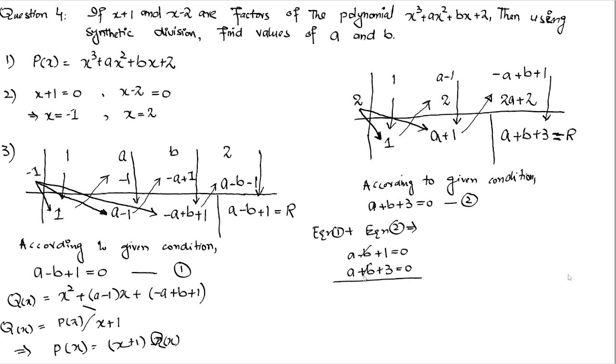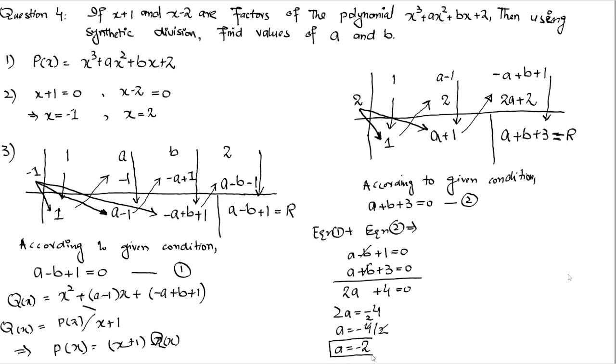Minus b and plus b will cancel out. A plus a is 2a, and 1 plus 3 is 4 is equal to 0. So we can write that 2a is equal to minus 4, and a is equal to minus 4 by 2, means that a is equal to minus 2.